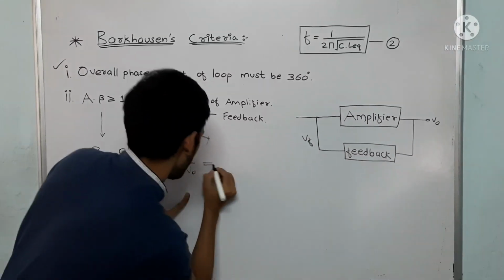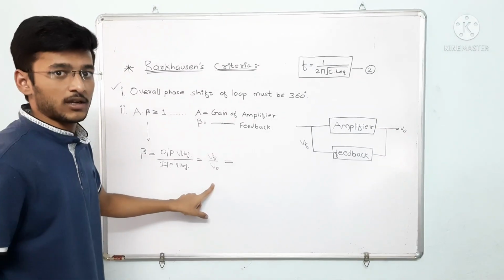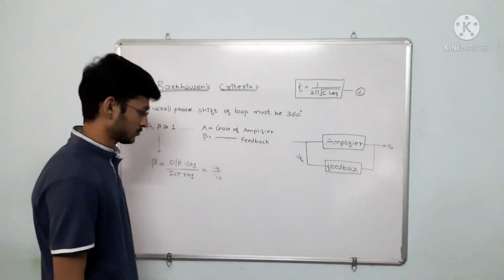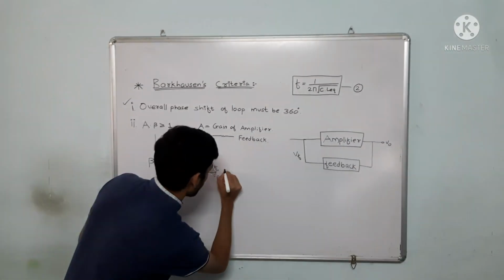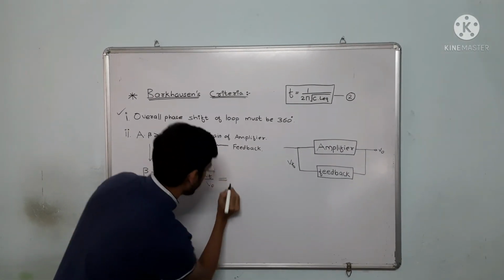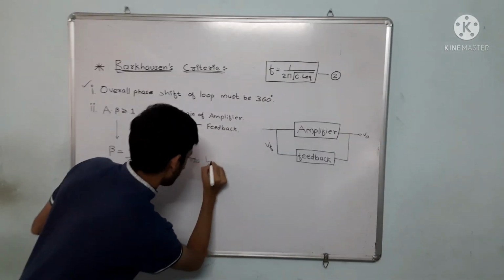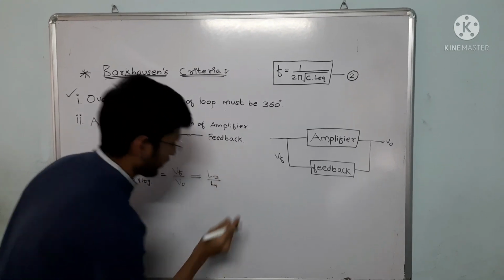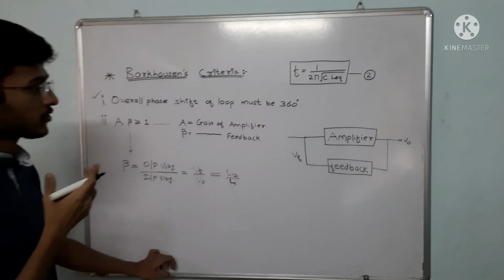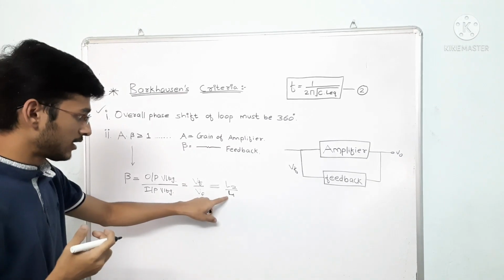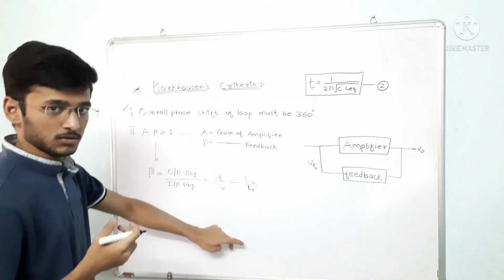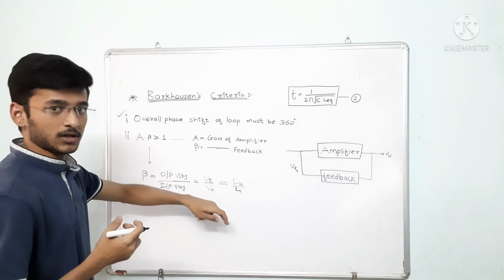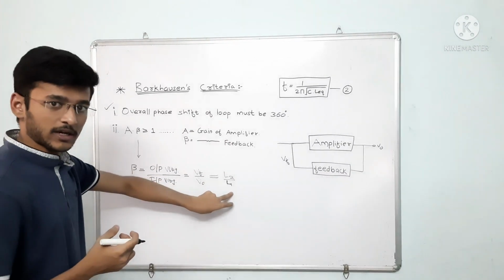And in the feedback circuit, as we know that L2 acts as feedback, this ratio Vf upon Vo can be written as L2 upon L1. And by referring to the circuit diagram of the Hartley oscillator, you can see that L2 acts as an output and L1 acts as an input inductor. So by using this we could write this.